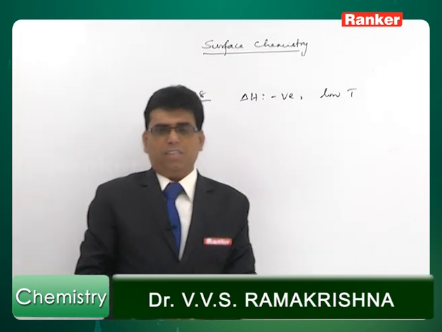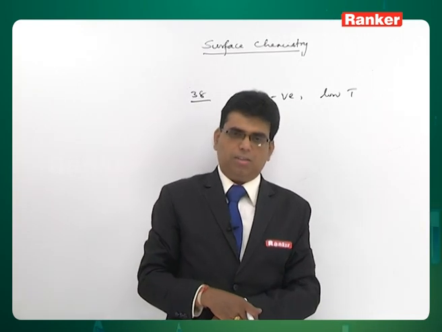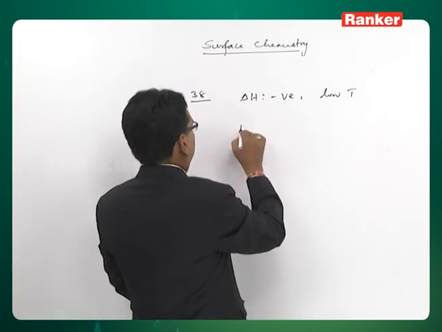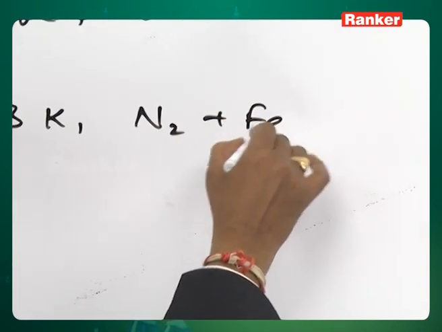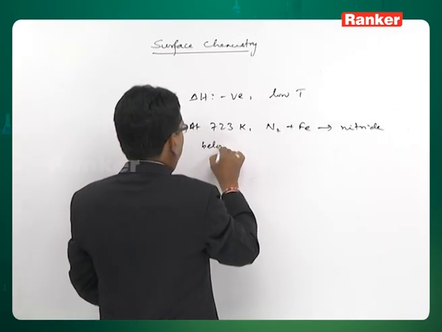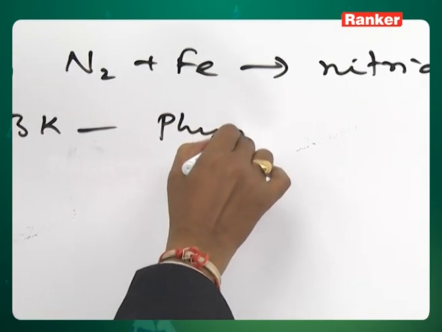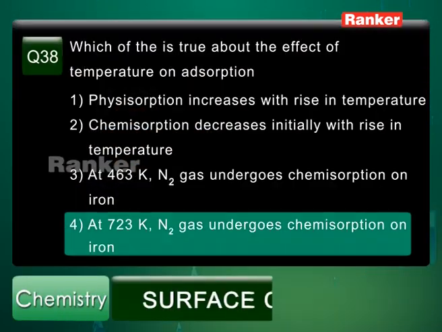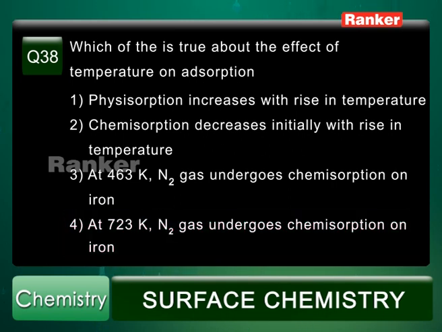And option 3 is at 463 Kelvin nitrogen gas undergoes chemisorption. No, not at 463. At 723 Kelvin nitrogen undergoes chemisorption, because at 723 nitrogen reacts with iron to form nitride, and below 723 it is physisorption. So, the correct answer is option 4, that at 723 Kelvin nitrogen gas undergoes chemisorption.